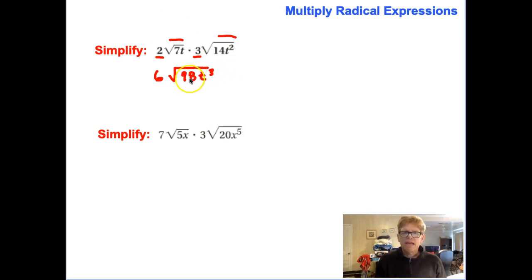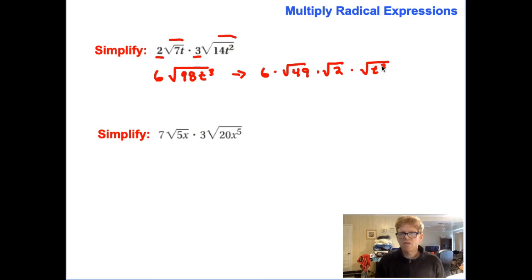If we look at 98 and think about it, what are some perfect squares that could go into it? We find out that 49 times 2 actually gives us 98. So we can write this as 6 times the square root of 49 times the square root of 2, that gives us the square root of 98, times the square root of t to the second, right?